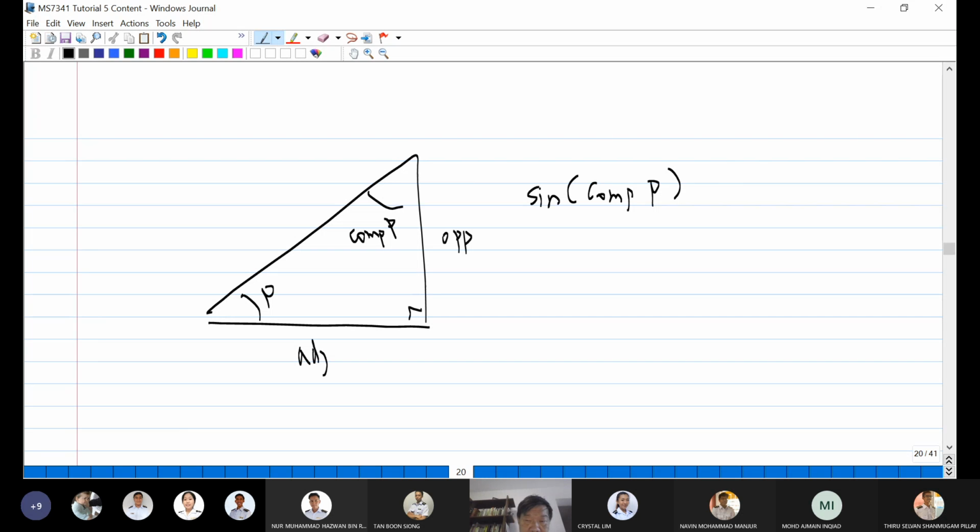So sine com P is opposite of com P divided by hypotenuse of com P, right? Hypotenuse is one. So opposite of com P is actually this one, right? So it's actually adjacent of P here.